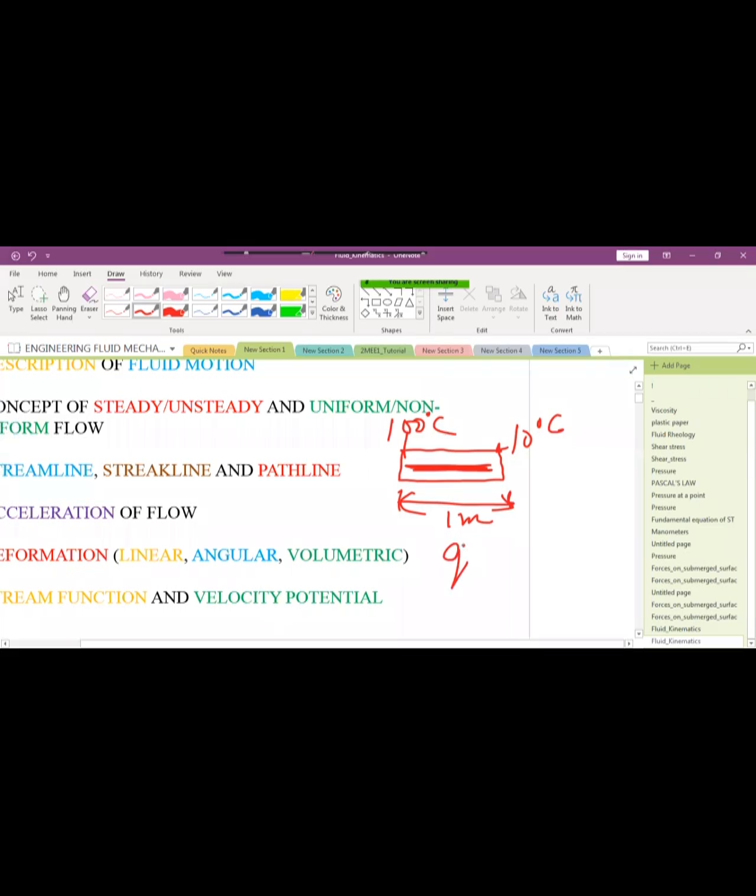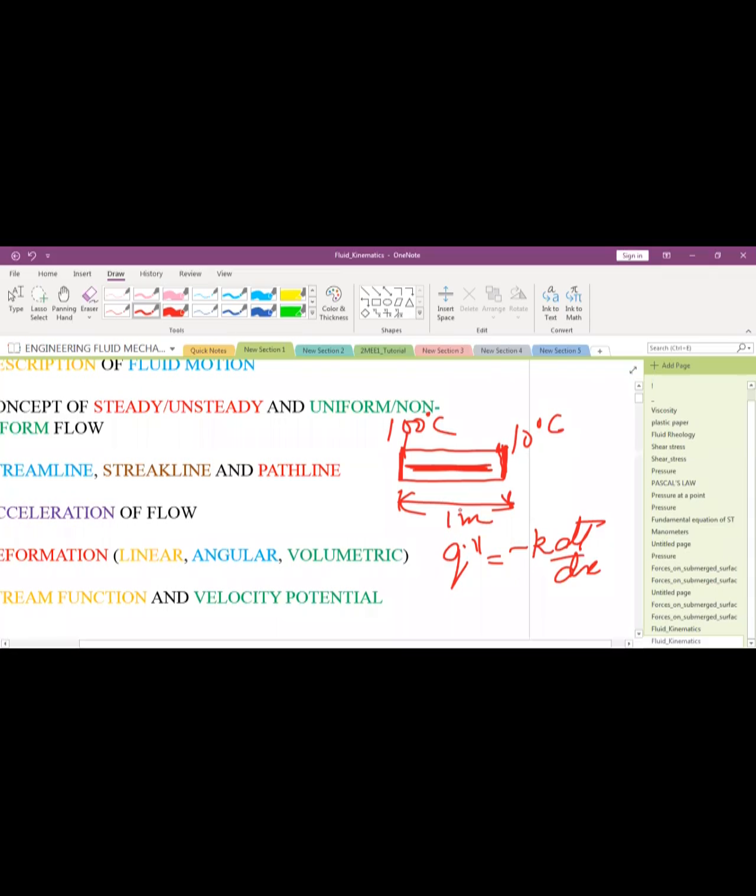Now if I ask you, q double dash is equal to minus k dT by dx, so what did you do? You kept one end near steam and the other end at a low temperature. Now let me know what is the statics part, what is the kinematics part, and what is the dynamics part? What is the cause and what is the effect?